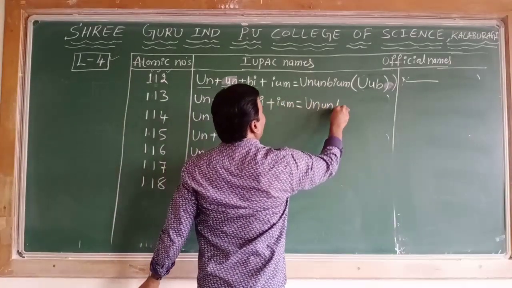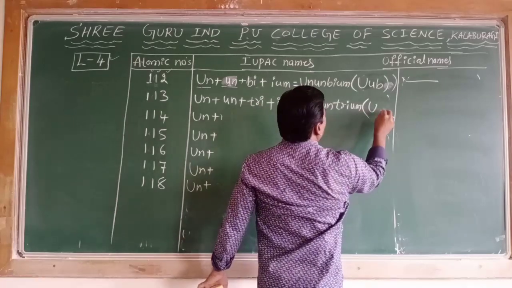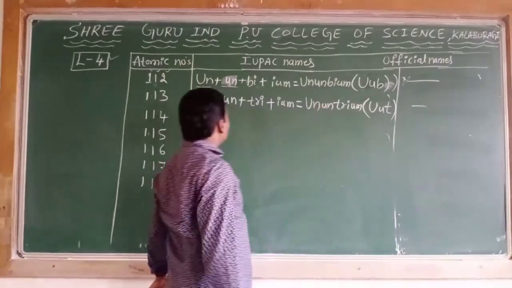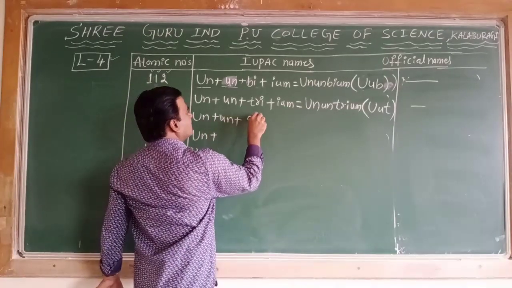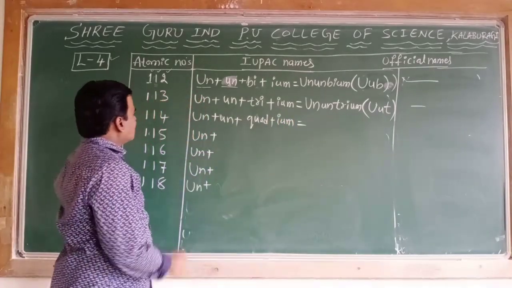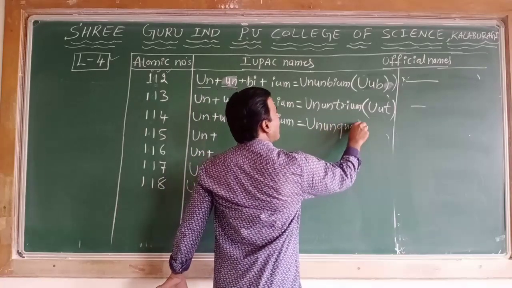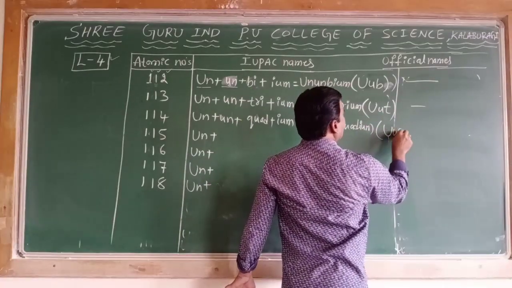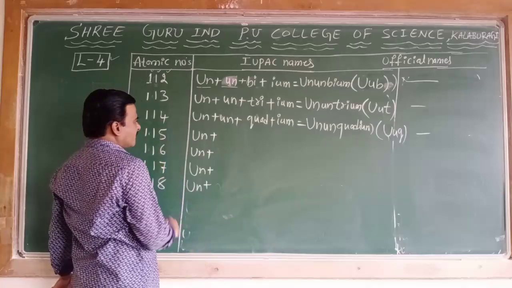Ununtrium, symbol Uut. No official name, put a dash. 114: un plus quad plus ium, quadium, symbol Uuq. Official name not yet.